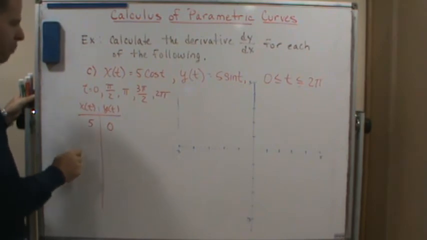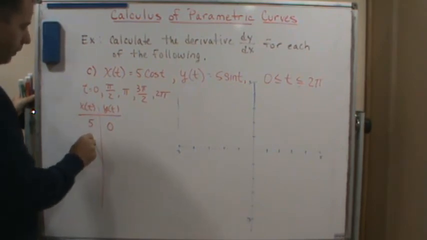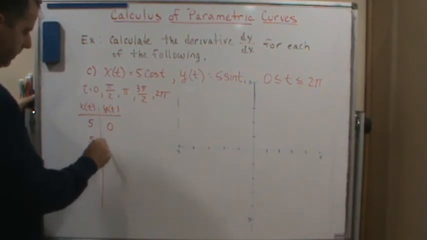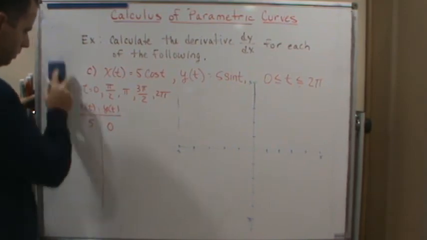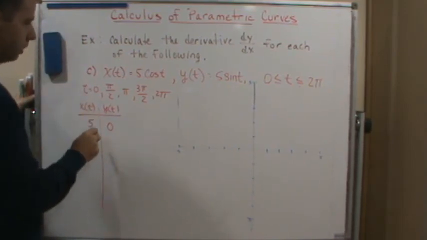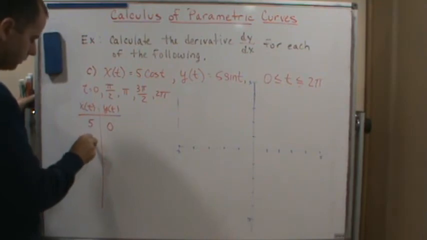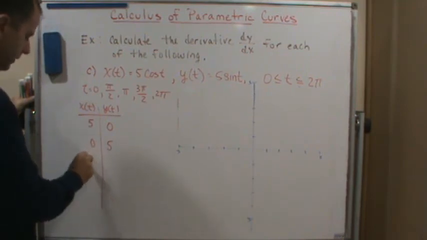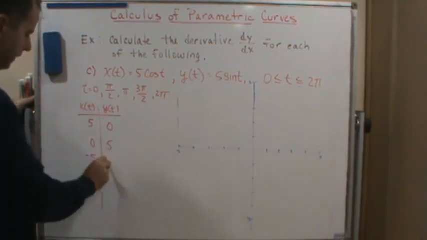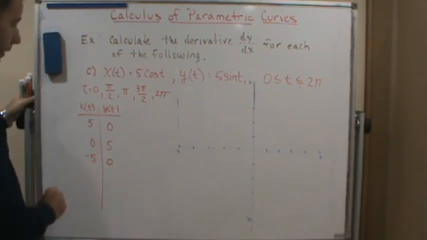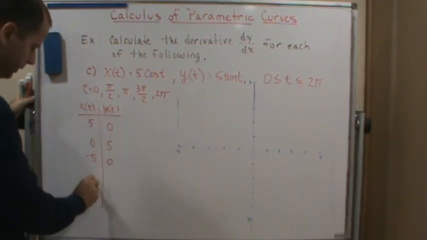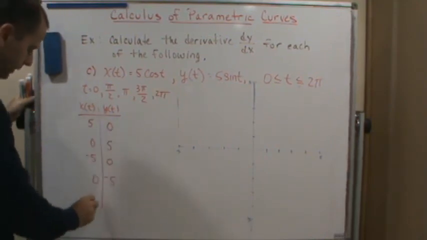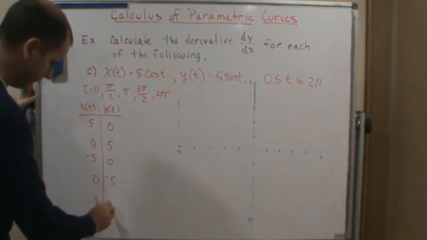At pi over 2, we get 0, 5, and then at pi, we get negative 5, 0, and then at 3 pi over 2, we get 0, negative 5, and then at 2 pi, we get 5, comma 0 again.